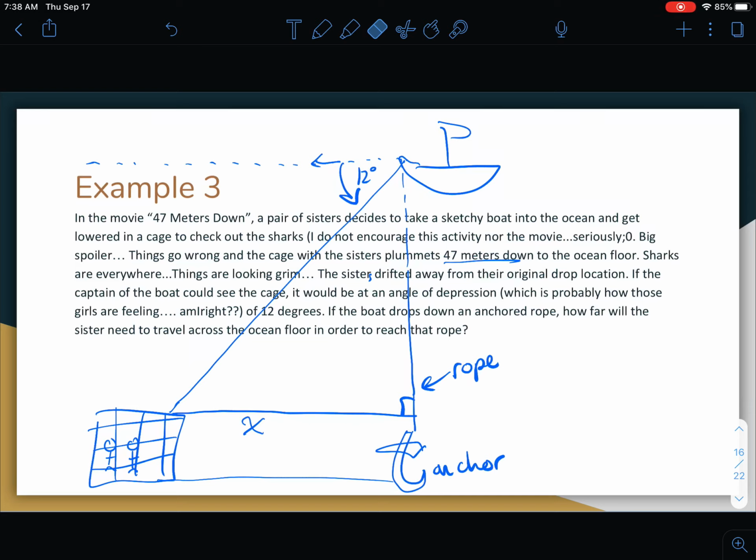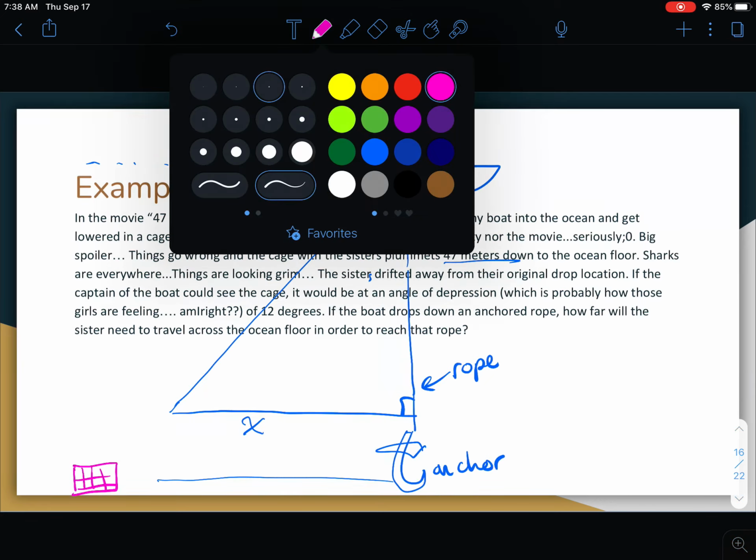So I'm going to try to adjust. While I'm mumbling to myself, 47 meters is going to be the whole length here. And I just made it touch the top of the tank. So let me redo a little bit here. Okay, so we're going to have them on the ocean floor. And let's go back to blue.